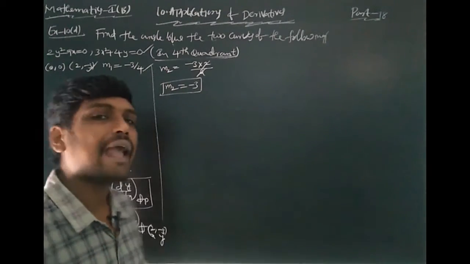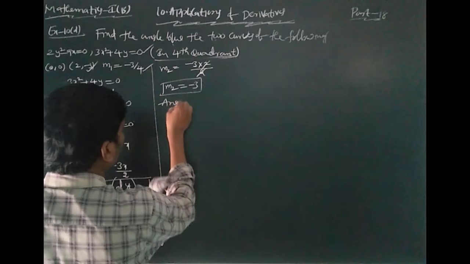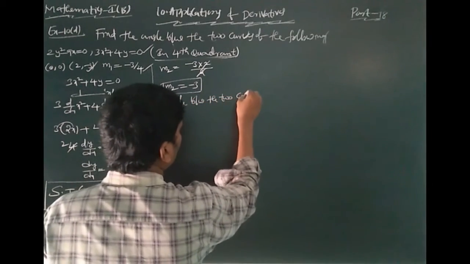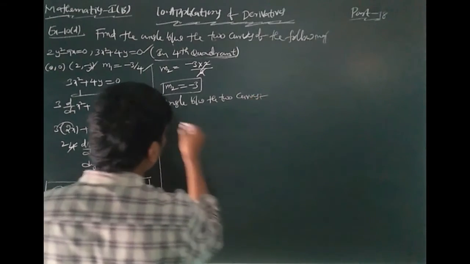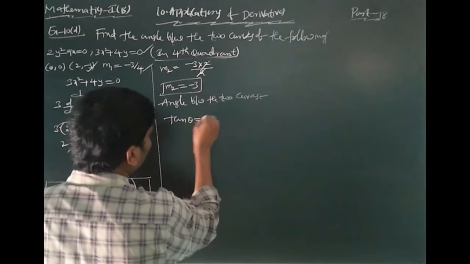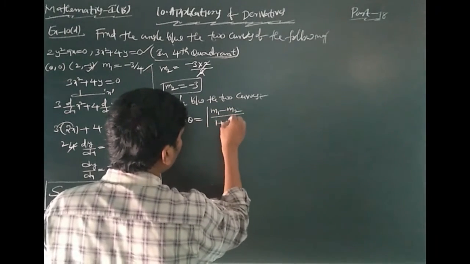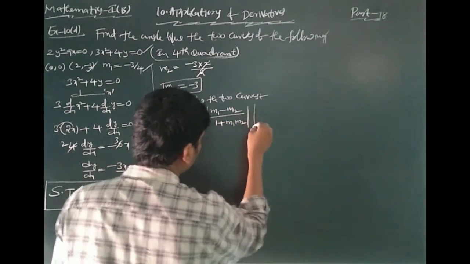Next, the angle between the two curves. What is the formula for the angle between the two curves? tan θ equals the modulus of (m1 − m2) by (1 + m1 m2). This is the formula.